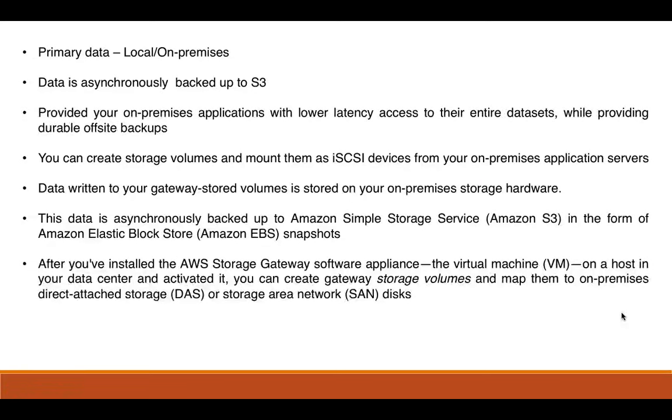After you have installed the storage gateway software appliance, what is a storage gateway? It's a virtual machine running on a host in your data center, and you activate it. You can create the storage gateway volumes and map them to your direct attached storage or network attached disks.